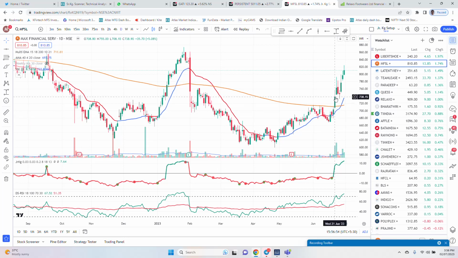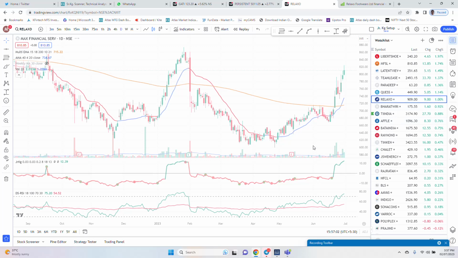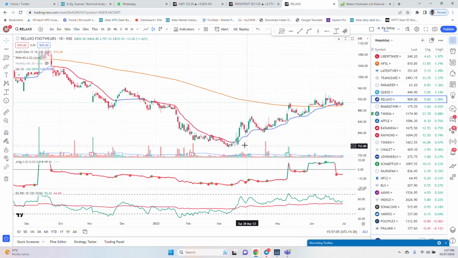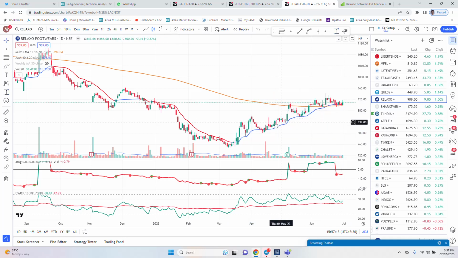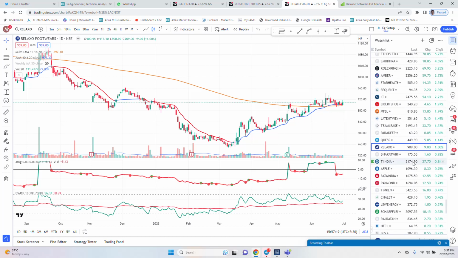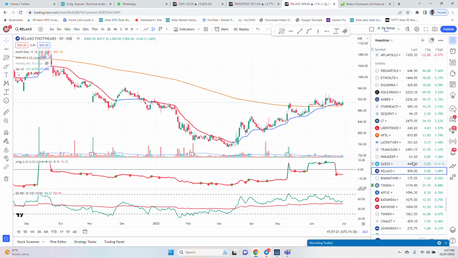So you can have a double confirmation and enter your capital, so that you get a good risk-to-reward ratio. Relaxo also, if you see, you got the entry on 20th of March, and the stock is already 15-16% up from here to here. So this is how you need to play your entries and exits.